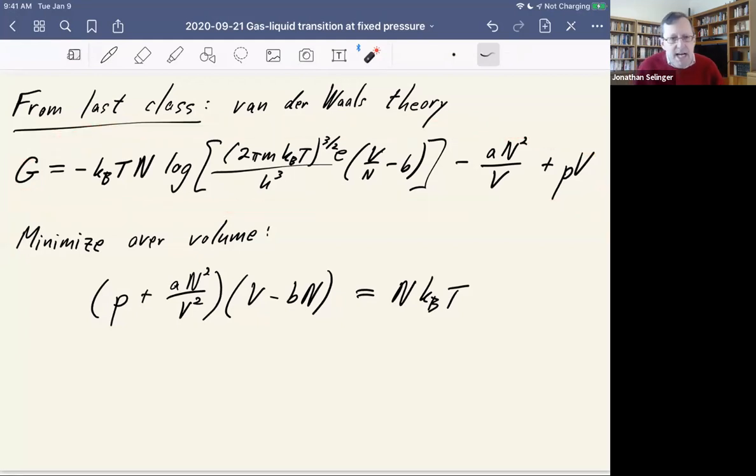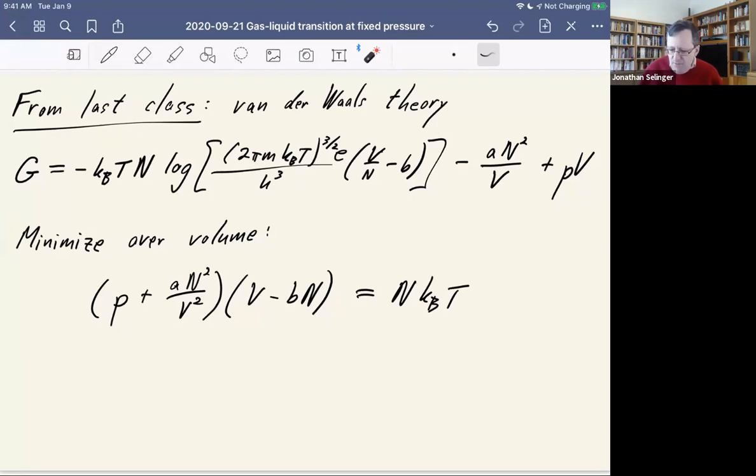And this is the Gibbs free energy for a system that has fixed pressure and variable volume. And so the system is able to choose its own volume, like the ideal gas that can choose its own volume. And so then we asked, well, what volume does it choose?